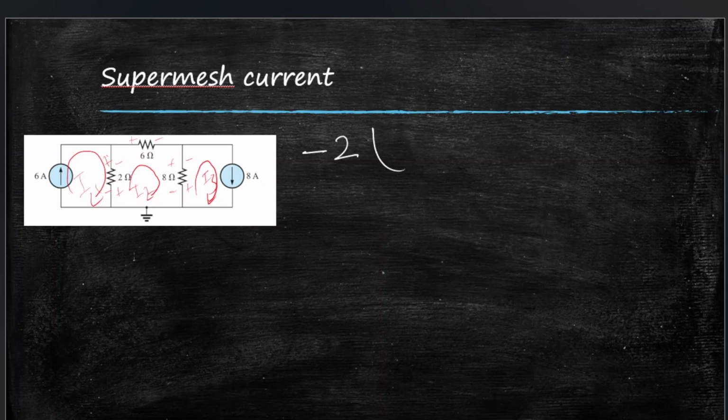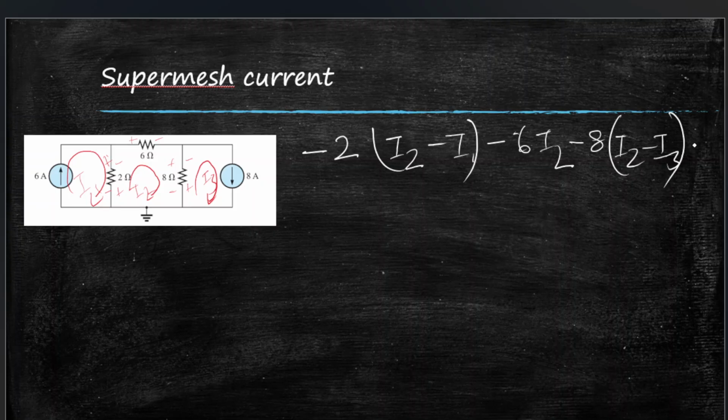Since we're doing for I2, it will be I2 minus I1, right? So I2 will be positive, I2 minus I1, and then 6 will be just 6I2, and then again a negative 8 in brackets, I2 minus I3, equal to 0.